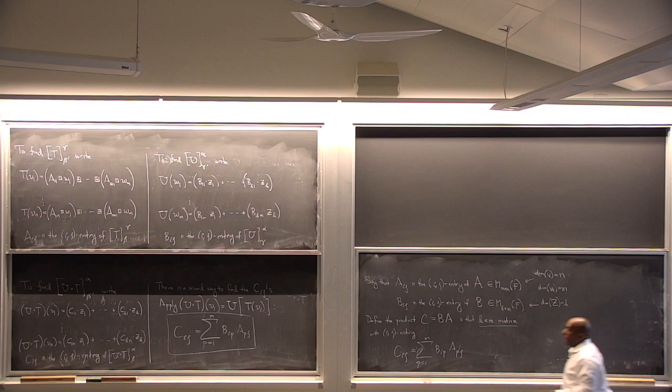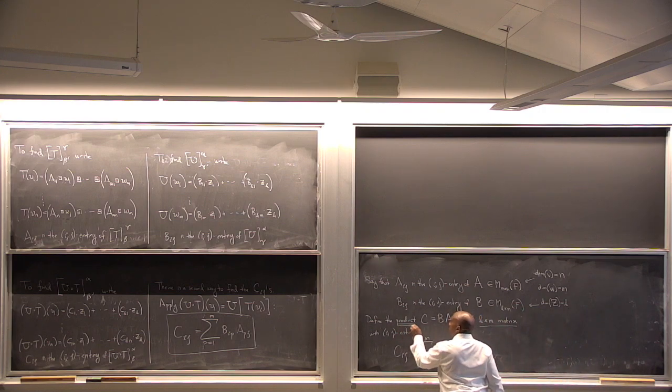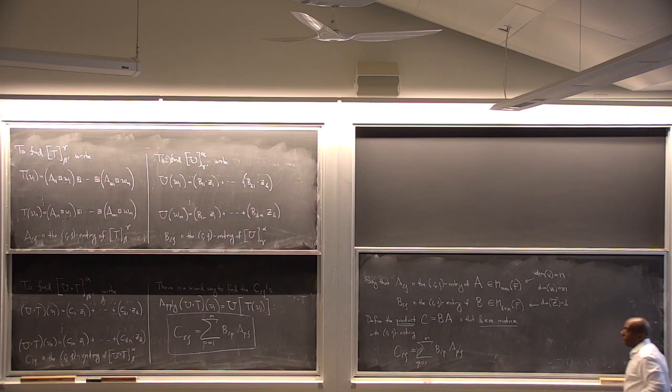And here are what the entries are. So I'm actually defining matrix product for you. Right? We'll come back and we'll see examples of this later.